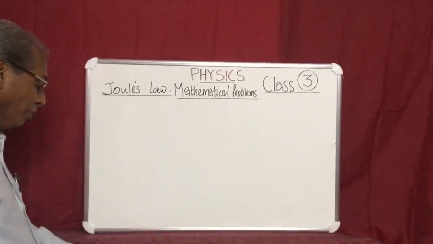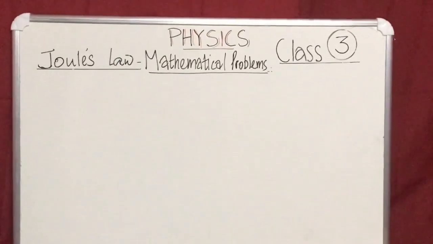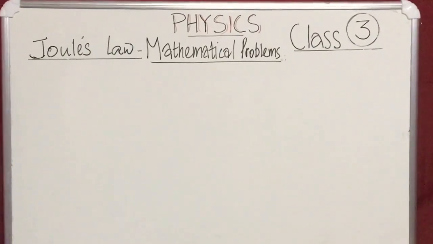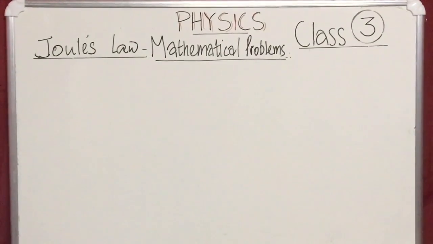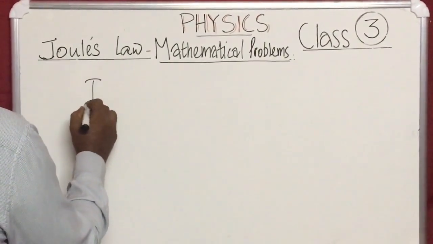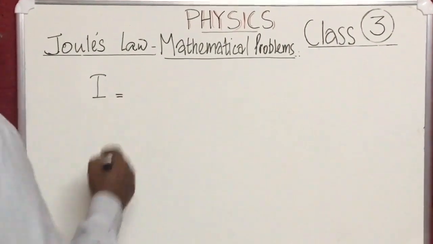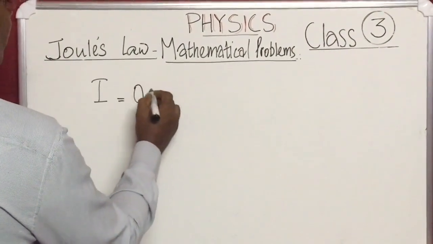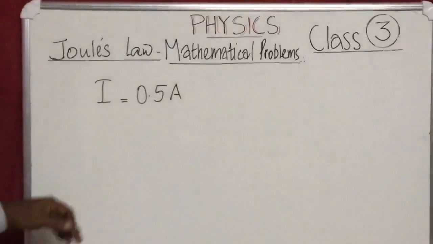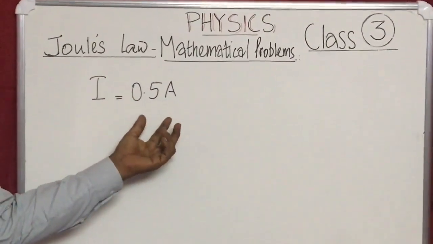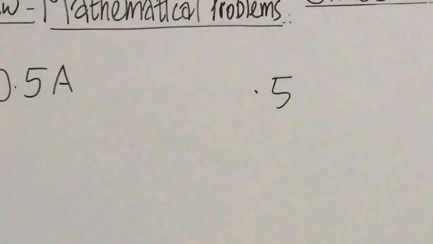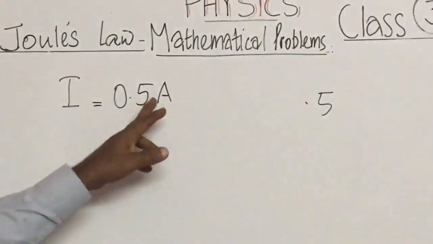Here in the problem it is written 0.5 ampere current flows through an electric heating device. So the data we are getting is current, that is nothing but the intensity of electric current, as 0.5 ampere. Whenever we write a decimal number, don't write simply the decimal like this. We have to always write 0.5.